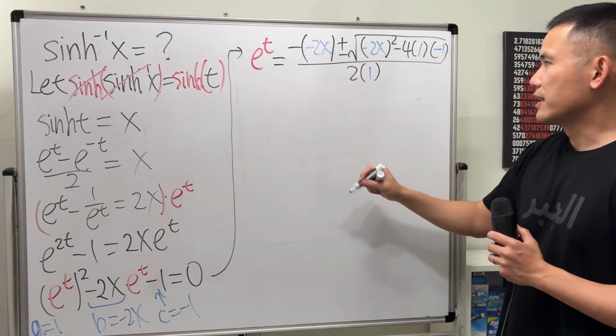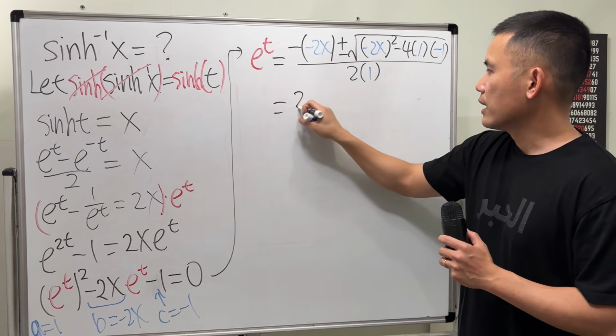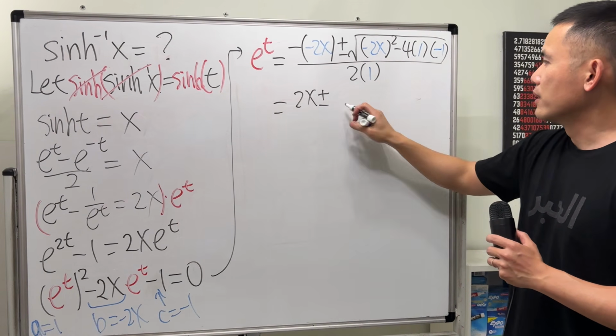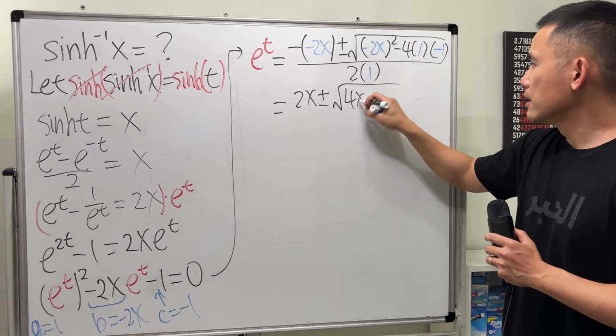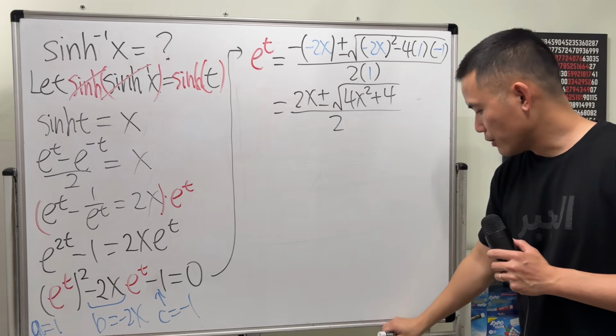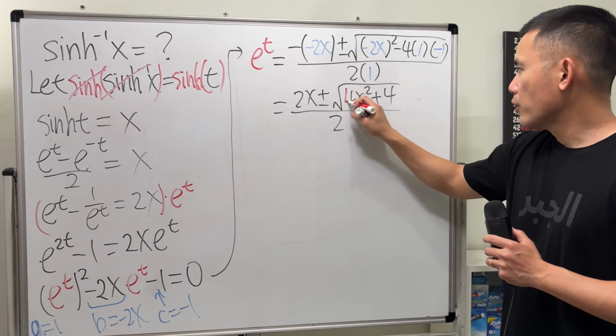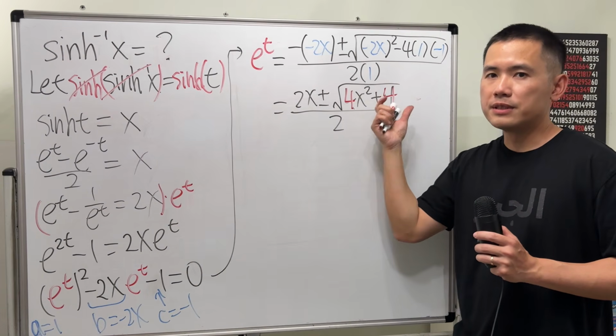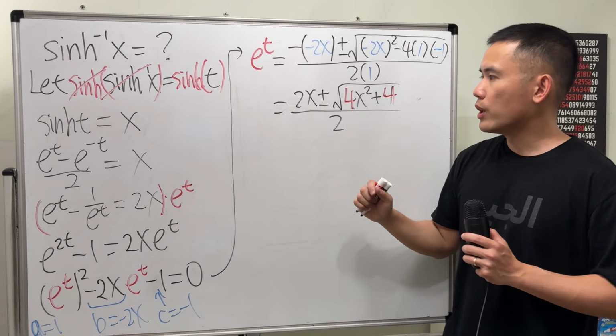And we'll just have to simplify this expression. So 2x plus or minus, that's 4x squared and that's plus 4, over 2. And then have a look. Both of them have 4 right here, so we can factor that out. So 4 times the rest, but the 4 is inside of the square root.